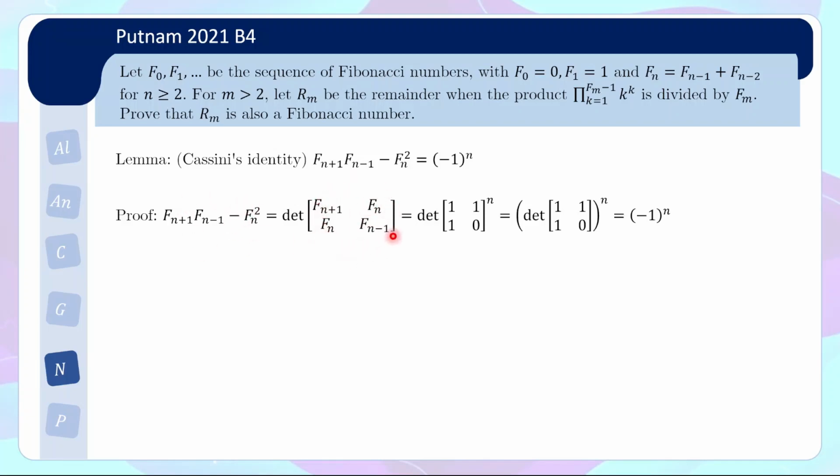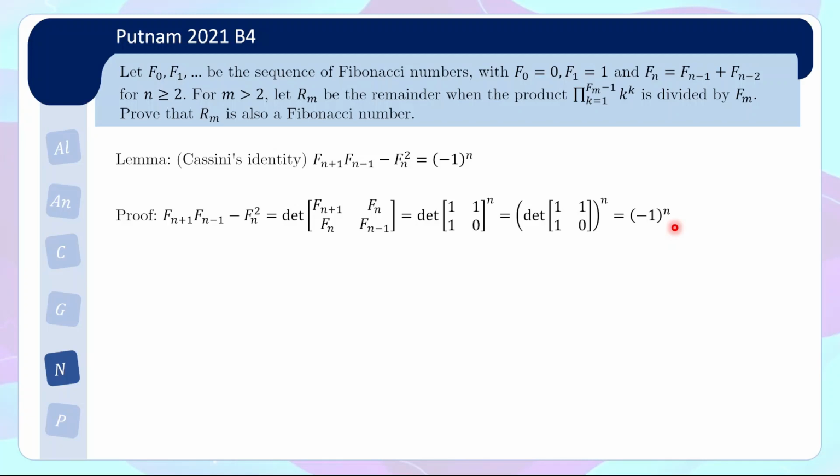And you can use the well-known fact that this matrix is given by the nth power of this matrix. You can use induction and very quickly see that this is true. This is a very nice fact about Fibonacci numbers: you can generate them by taking powers of this matrix. Now, the determinant of this power is the power of the determinant, and this is just minus 1 to the power of n. So that is a very neat proof of Cassini's identity.